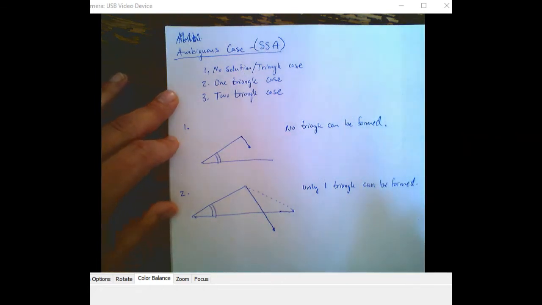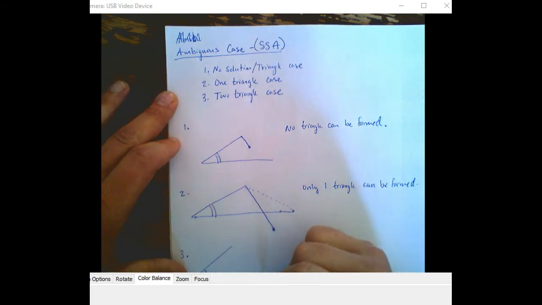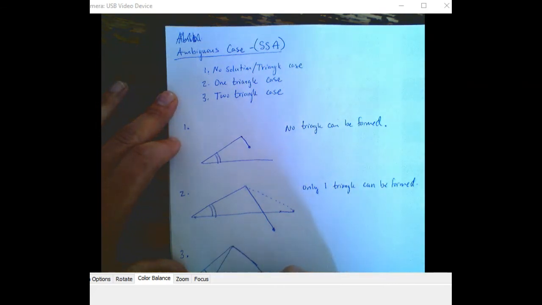And then there's the case where the side is shorter but not too short. Okay? So we know this angle here. It's possible that we could form a triangle, let's say, like this, where this side is known. But if we were to rotate that side, it's possible that we might get a smaller triangle over here with the same side makeup. Say this guy here and this guy here are the same.